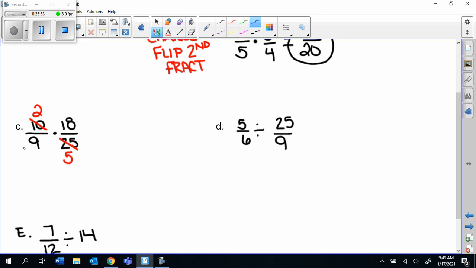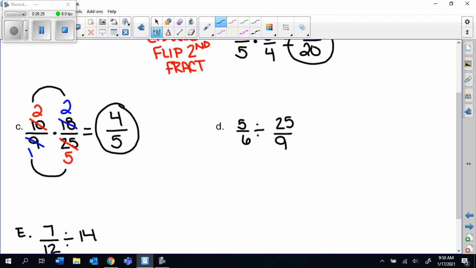Between 9 and 18, both of those numbers have a common factor of 9. 9 divides nicely into both of them. 9 divides into itself once. 9 divides into 18 2 times. And now we rewrite whatever is left, multiplying the numerators and multiplying the denominators. So 2 times 2 is 4. 1 times 5 is 5. And that is our final, most reduced answer.